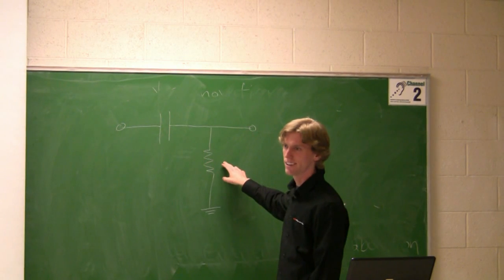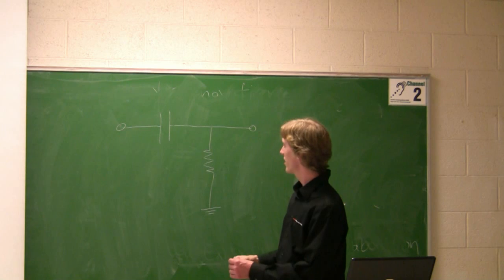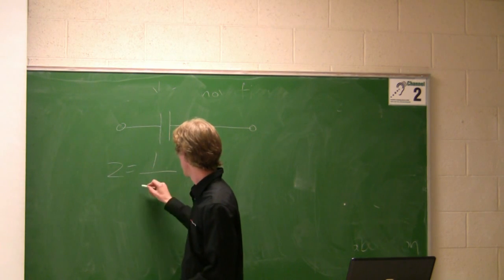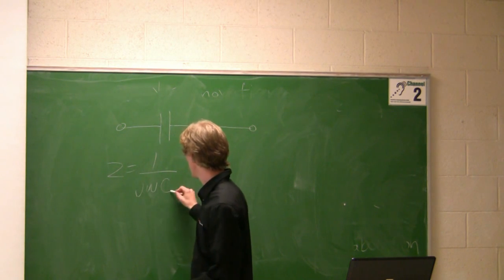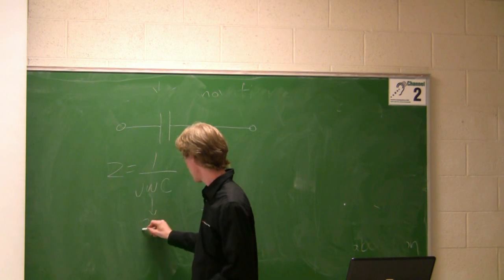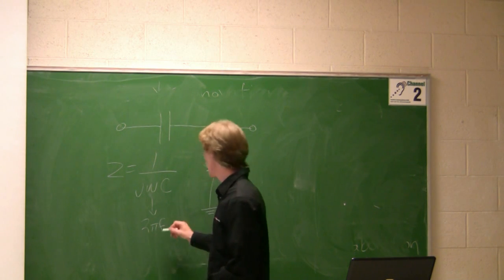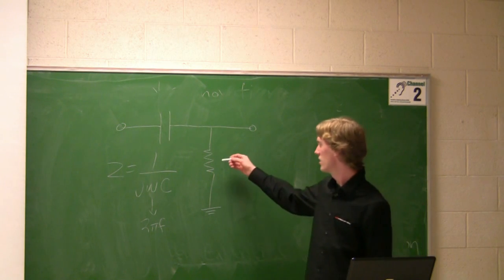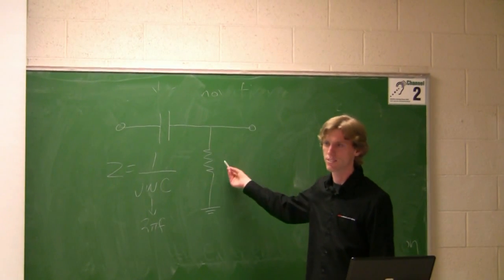this impedance, right? And the impedance of this capacitor is Z equals 1 over j omega C, where omega is 2 pi f. So as you change frequencies, the resistor for the most part stays the same.